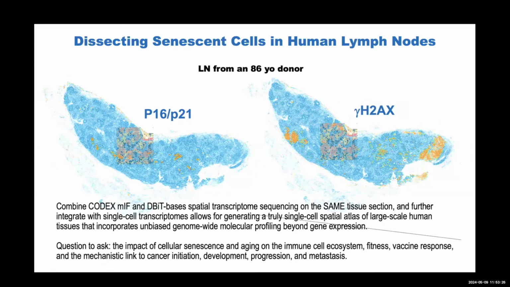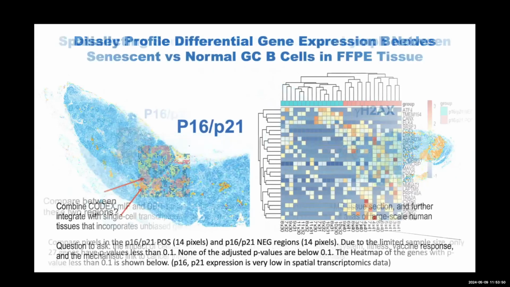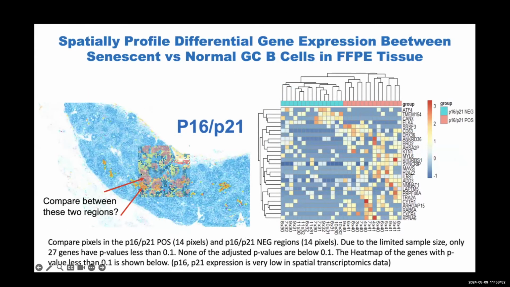They might become senescent through different biological pathways, but using the unbiased genome-wide transcriptome or epigenome data, you are able to do that mechanistic discovery. Once you have the technology that allows you to get unbiased genome-wide sequencing and high-plex immunofluorescent imaging from exactly the same tissue, here is some preliminary analysis.